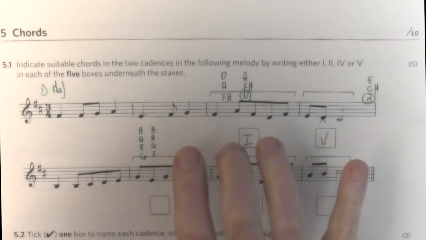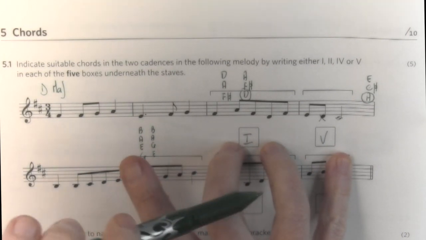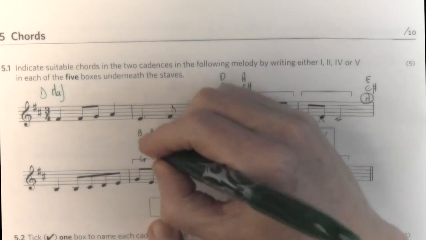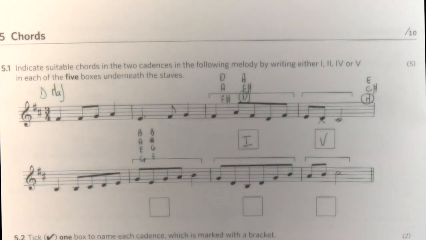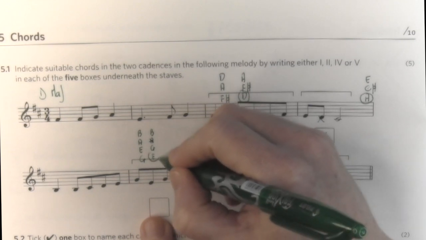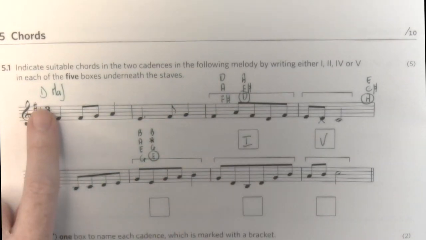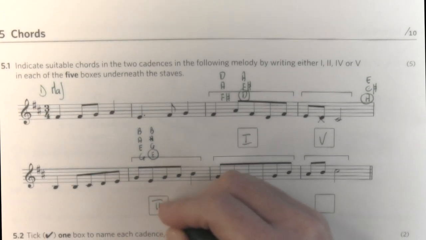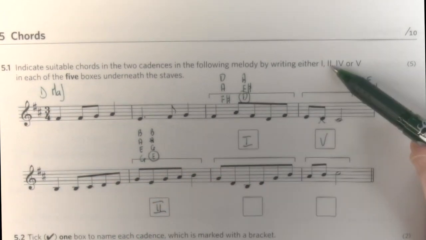Clearly, the extra note is La. So this is not belonging to the chord, and the chord is Mi, Sol, Si. Mi is the 2nd degree of the scale of D. So this is chord 2. And it makes sense because it's listed here.